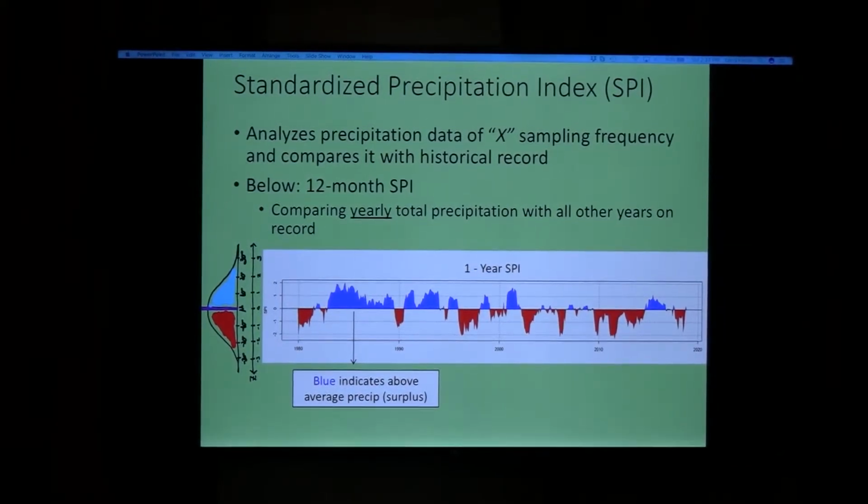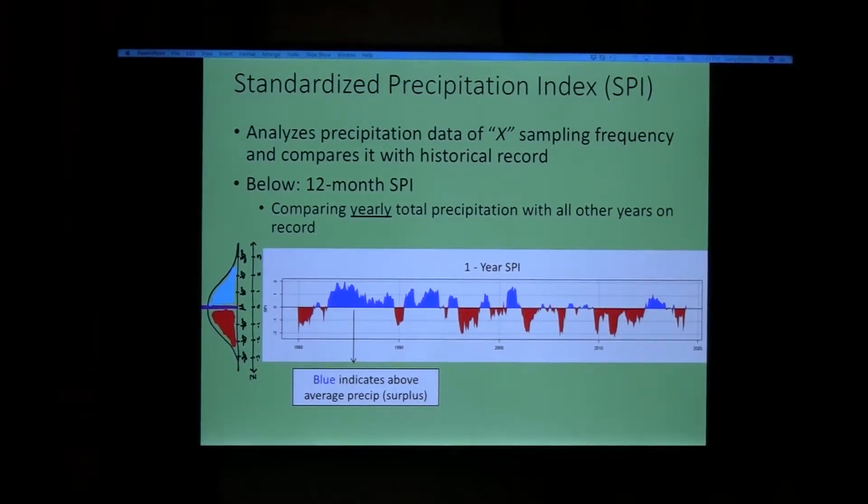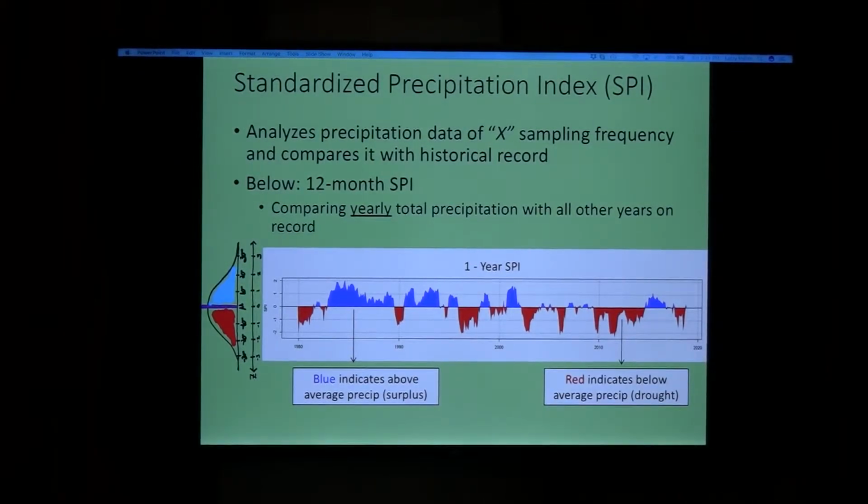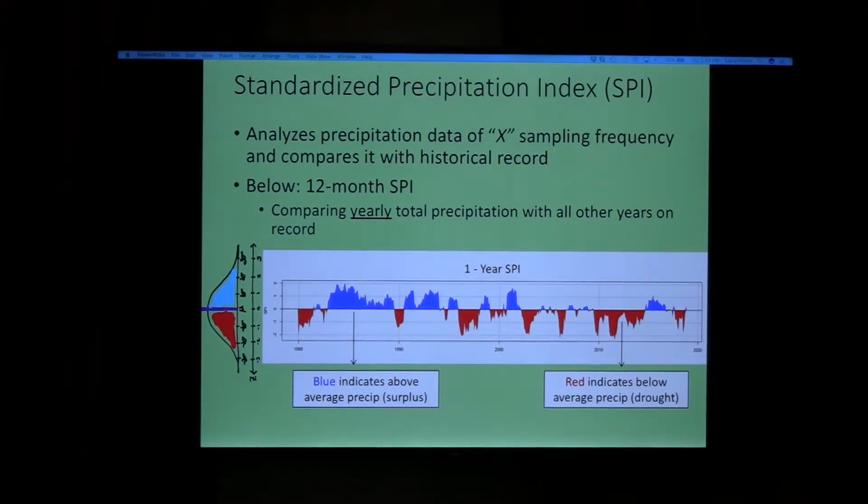Whenever data plots on the positive, it'll be a blue value, which indicates above average precipitation or surplus, and if it's below, it'll be a red value, which indicates below average precipitation.